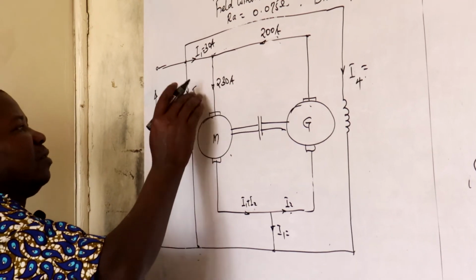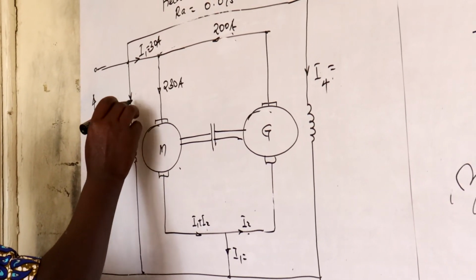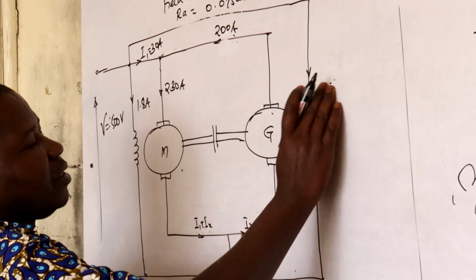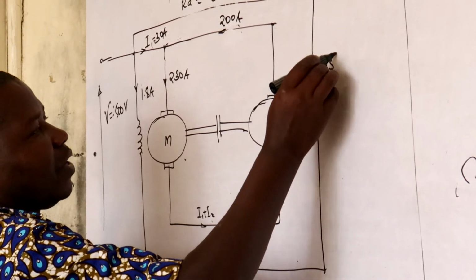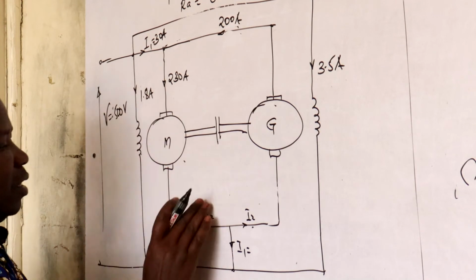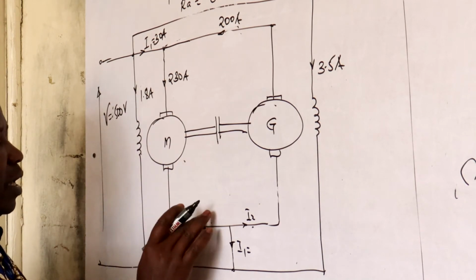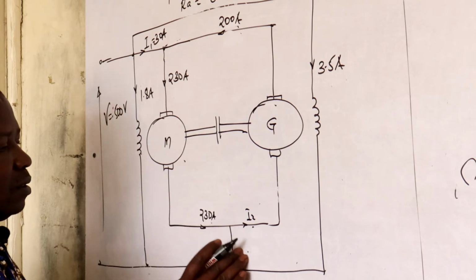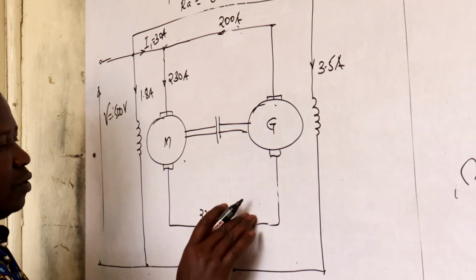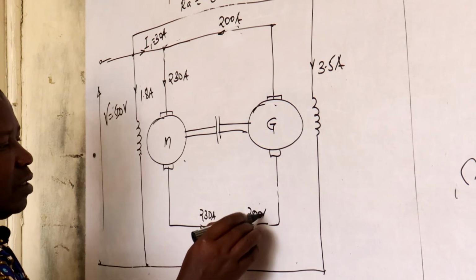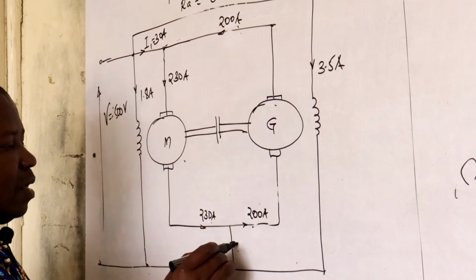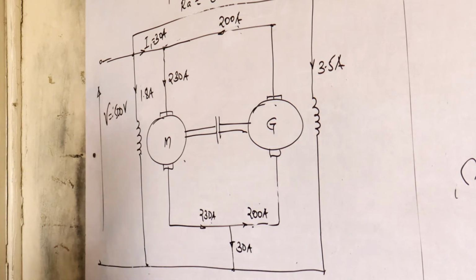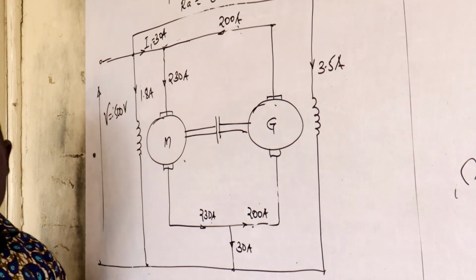The field here is 1.8, and the field here is 3.5. And therefore 230 is coming here. 200 is getting to the system of the generator, and 30 is going back to the main circuit. That is the circuit.